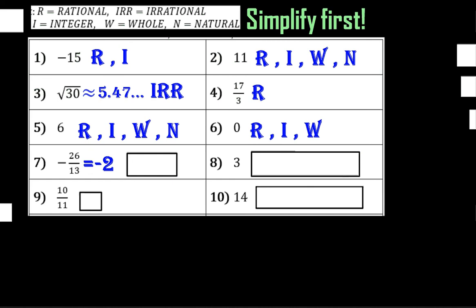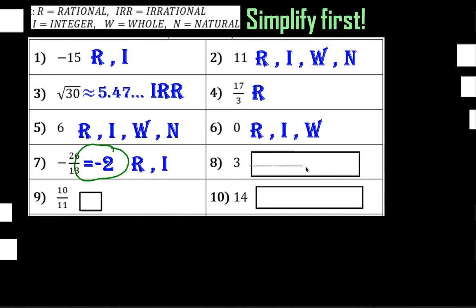And so, again, when I'm talking about this value, I have to make sure that I am looking at negative 2. What subsets would I include negative 2 in? So I'd say it's rational and it is an integer. So be very careful when you are doing these.